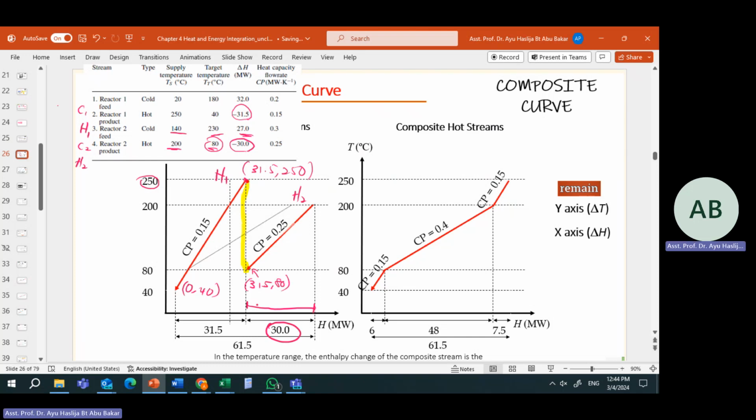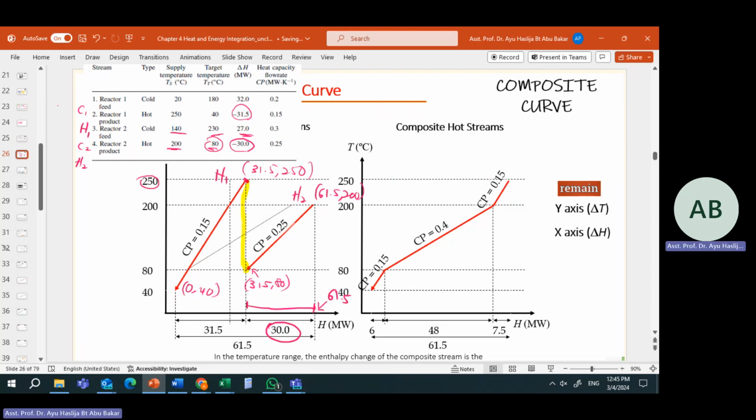The x-axis coordinate here is 31.5 plus 30, so 61.5. So the coordinate for T supply over here would be 61.5, 200.